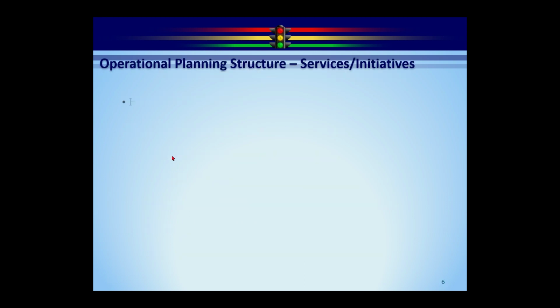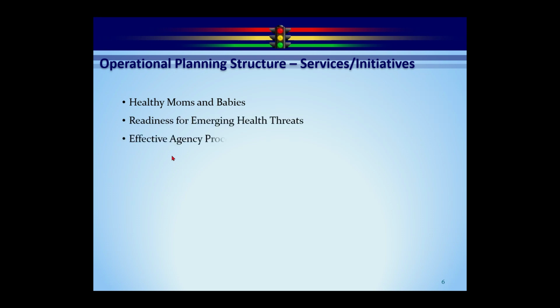Services or initiatives. Here's some just, again, real examples from public health. Now, these are what I call buckets. The plans around healthy moms and babies, in this case, will be in that bucket. They'll fall under these services or initiatives. Readiness for emerging health threats. Effective agency processes. Access to care. Behavioral health and substance abuse.